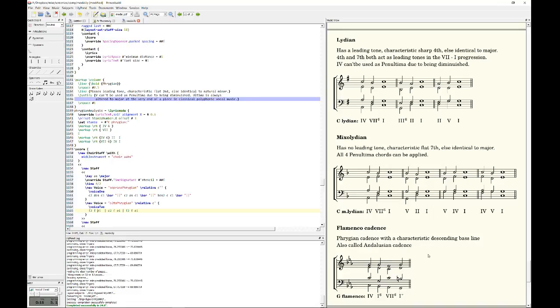one special cadence is the so-called flamenco cadence, which is actually a Phrygian cadence. It's very characteristic that it has this line in the bass which goes down stepwise and sounds very flamenco-like.